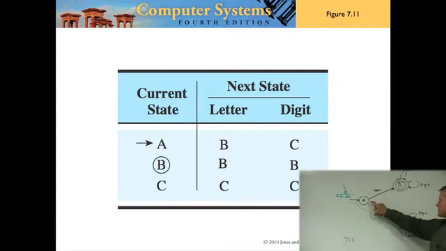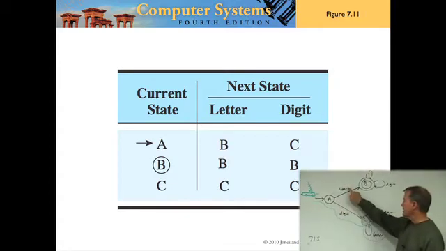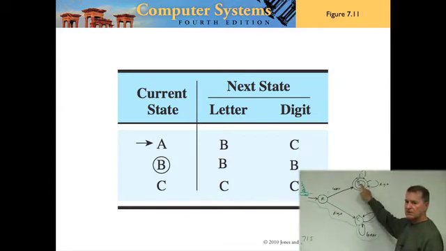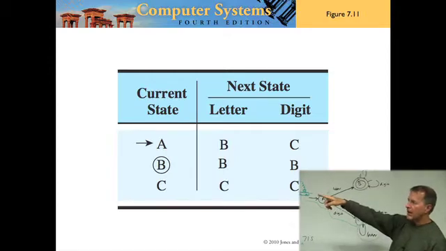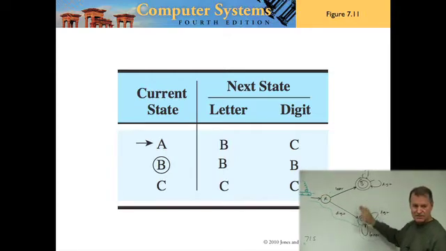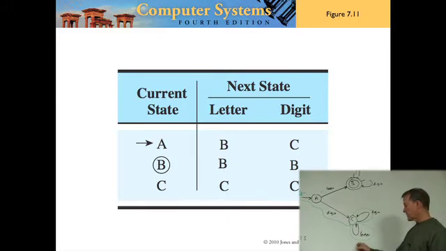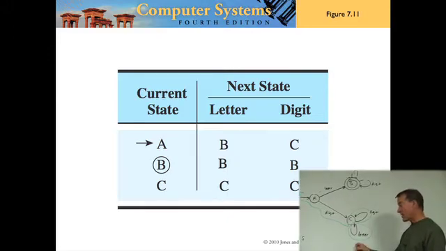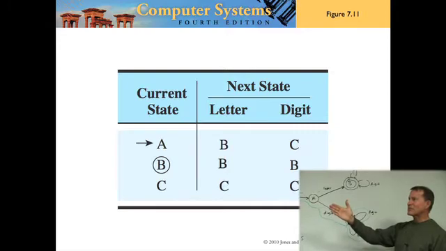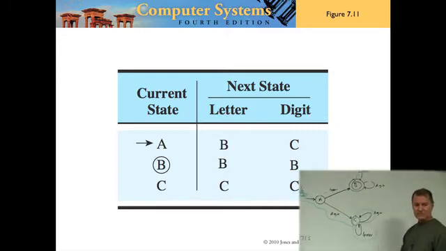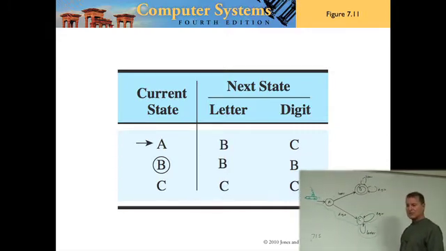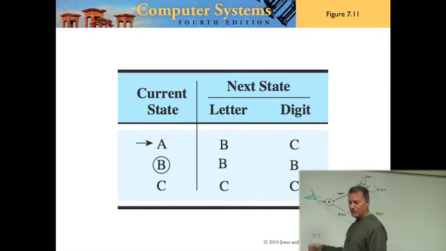Does everybody see how that corresponds directly to this? So this is the state transition diagram. That is the state transition table. And why is it called a state transition diagram? Because we're making transitions from one state to the next, with the arrows here, right?